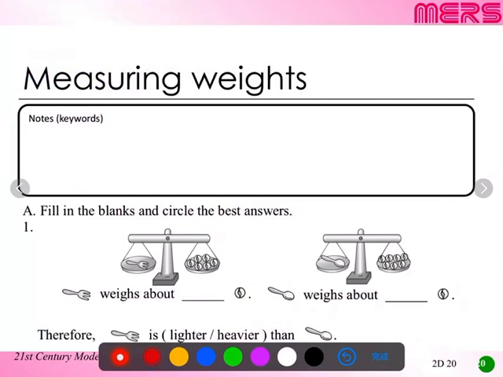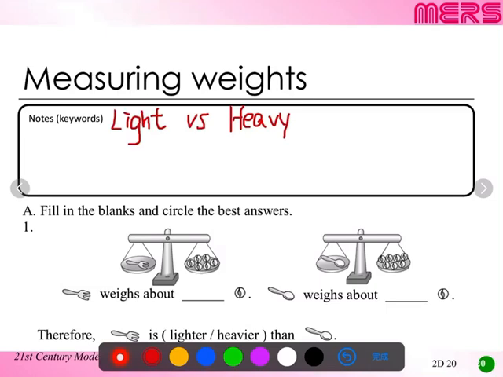So this is a simple question about comparison. And now please take out your SCL. Turn to page 12. Let us write some keywords. Okay, keywords. So when we measure some weights, we will use some keywords.